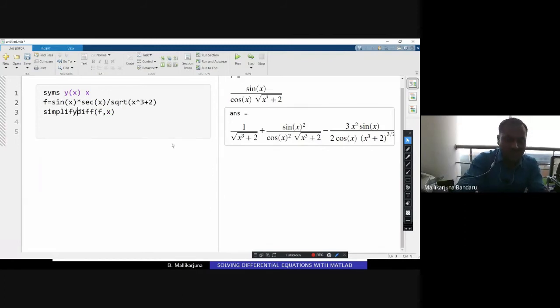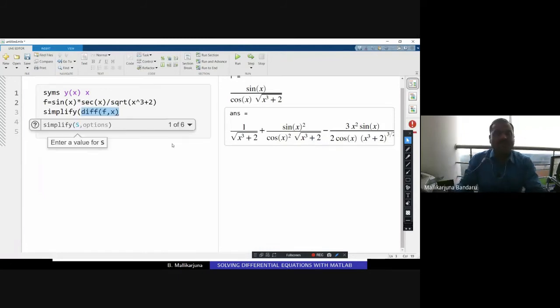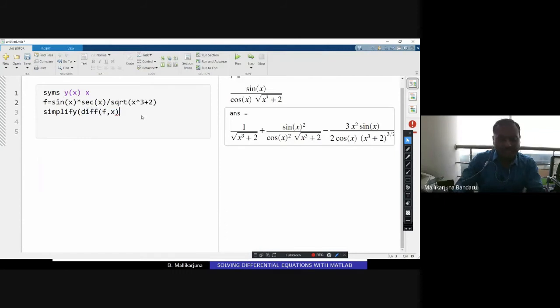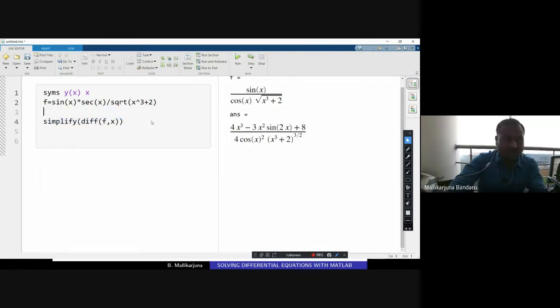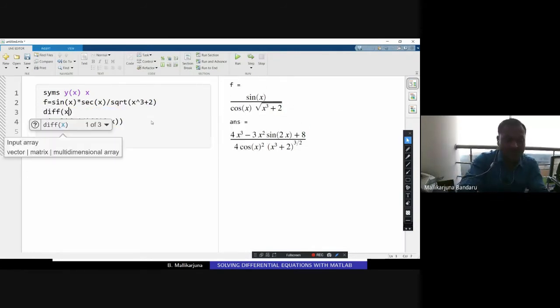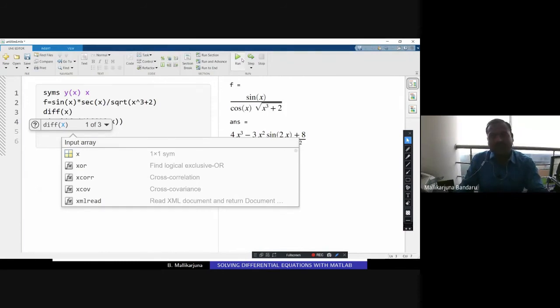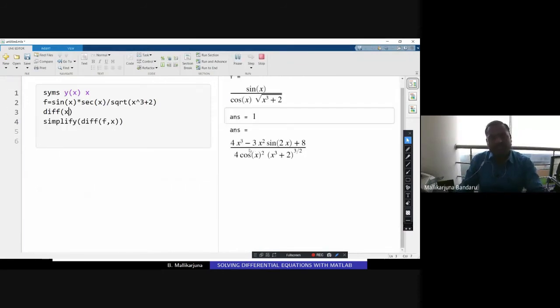The simplify syntax is simply simplify. To see what is the benefit of this, earlier what is the result and what about now? See, there are two different forms, right? Differentiation of x, I will show you with the two different syntaxes.